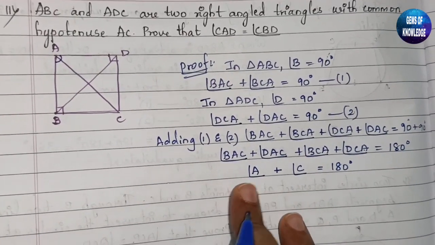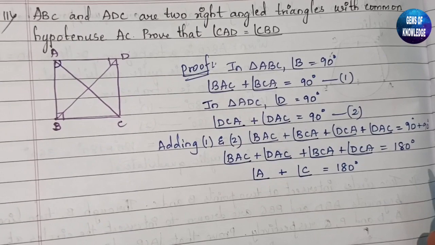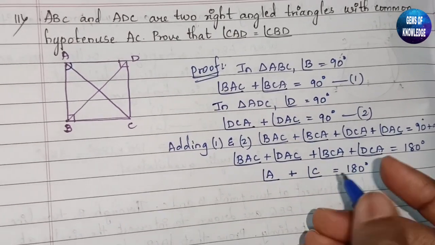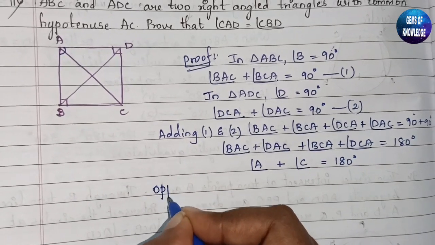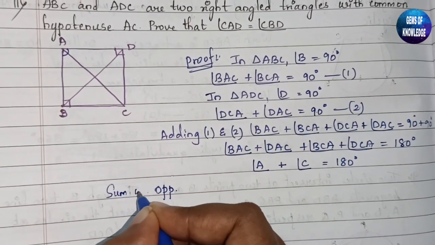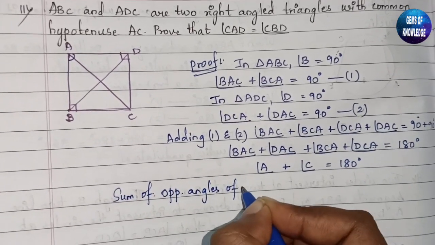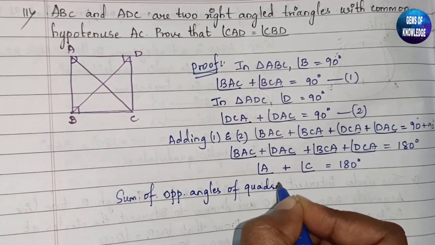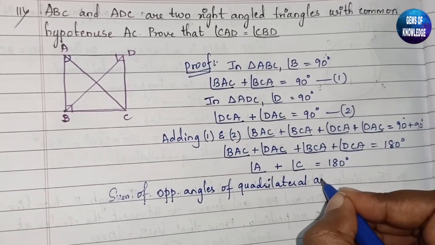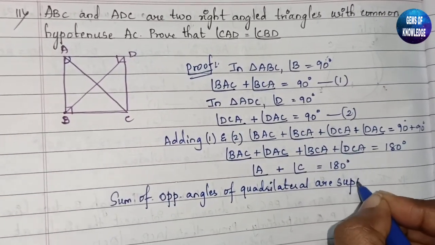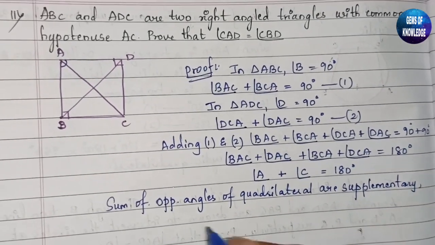If these two sum to 180 degrees, it means the sum of opposite angles of the quadrilateral is supplementary. Supplementary means equal to 180 degrees.